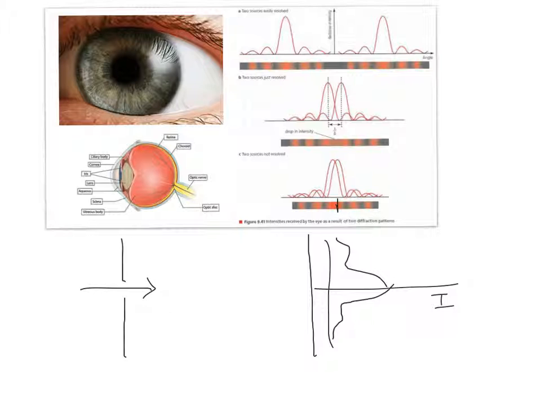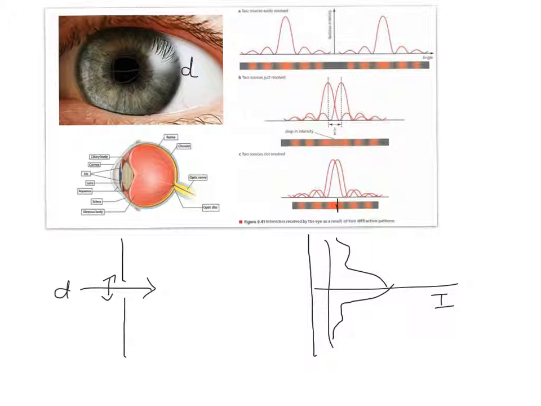So that's in single slit diffraction. Now, this is exactly the same idea, but we're looking at a circular slit instead of a slit of size D. So we're going to be looking at a slit that is round and has a diameter of D.